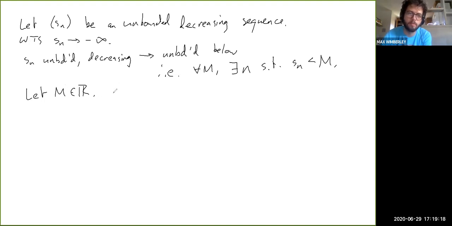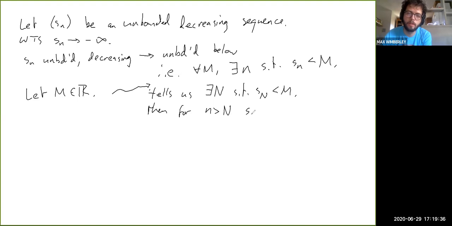So this fact tells us that there exists a capital N such that SN is less than m, and then for n greater than capital N, Sn is less than or equal to SN, which is less than m. Okay? So that's it.